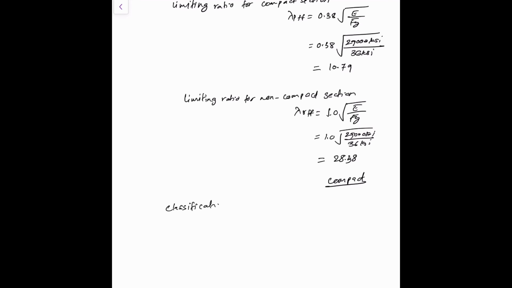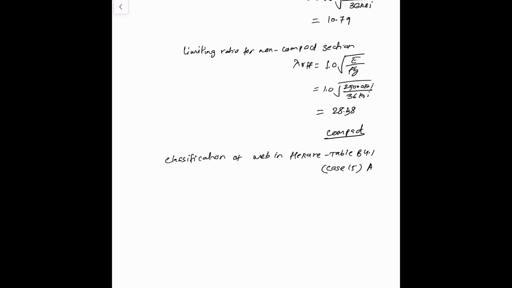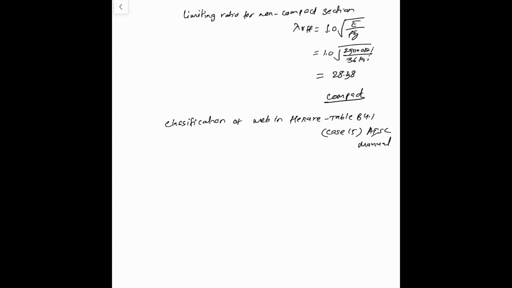Now the classification of web in flexure. Now let's check for the web. Classification of web in flexure, same table B4.1, so this is case number 15, AISC Manual.